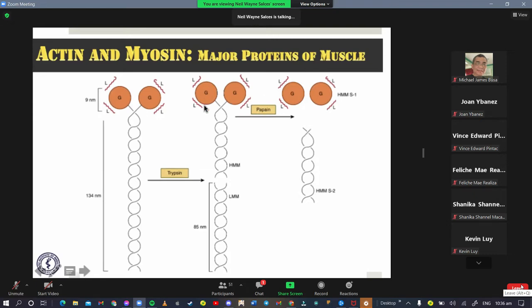When your heavy meromyosin is digested by your papain, this eventually generates two subfragments, which are your S1 and your S2. The S2 fragment is fibrous in character, and this has no ATPase activity, just like your light meromyosin. While your S1 does exhibit ATPase activity.